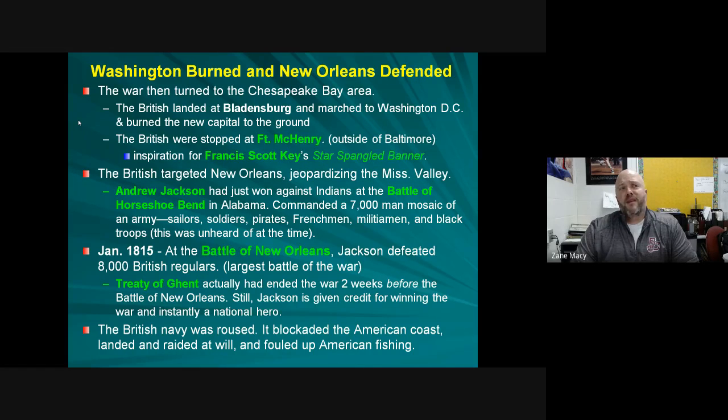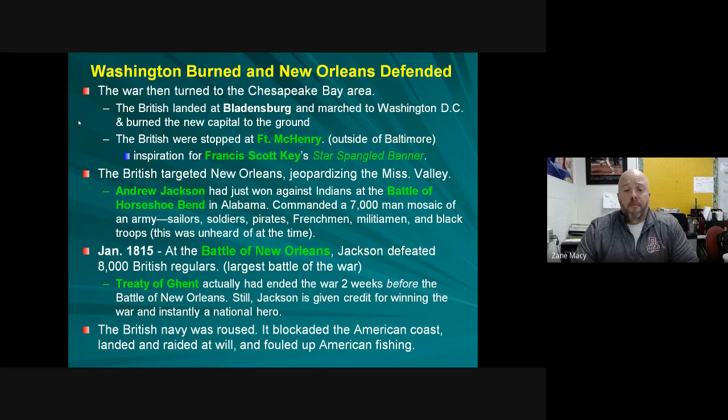It wasn't even all militia. Some of it was professional soldiers, U.S. Army troops. Some of it was militia. Some of it was Frenchmen that were fighting with us because they hated the British.